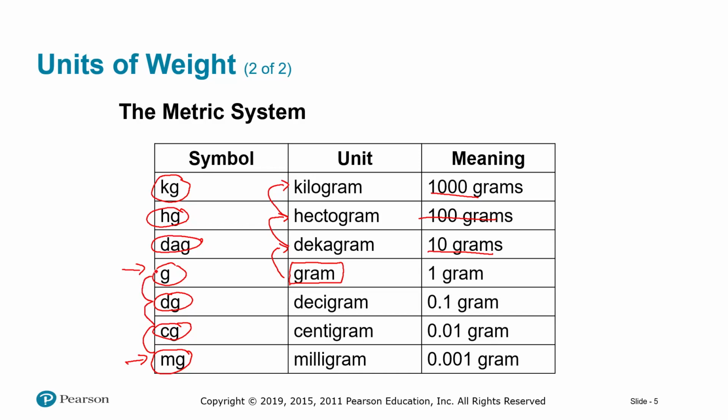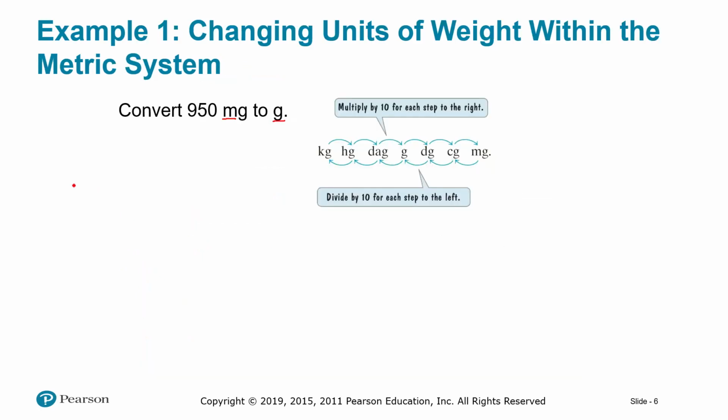That'll also mean 3 decimal points. So if we want to change milligrams to grams, we're going to move this decimal point right here 3 places. Now, here it says multiply by 10 for each step to the right. Well, you're here, you're here, and you're moving there.